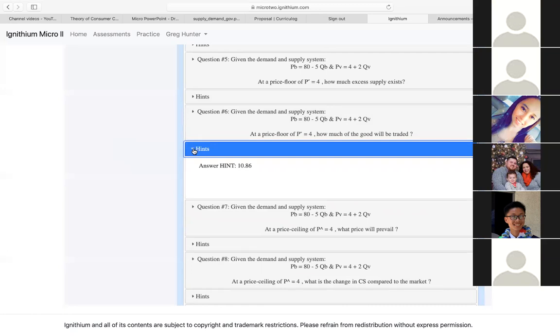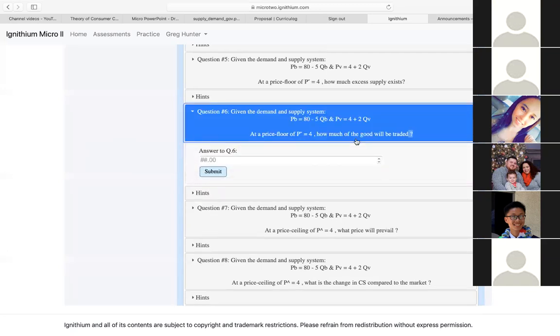I don't think that's right. That's the equilibrium. I think this is an error because this is the price and it's not quantity. That's the point. So this is just something goofy.